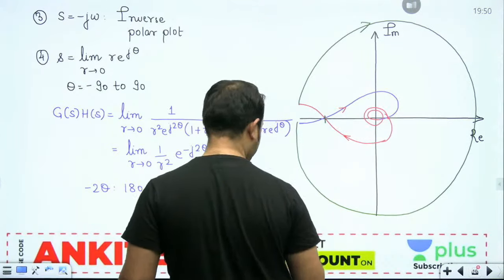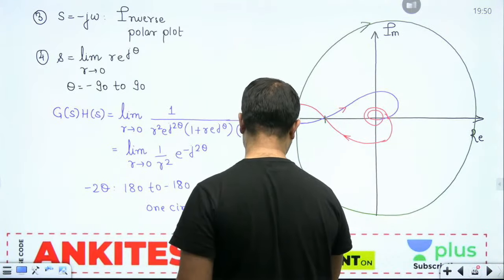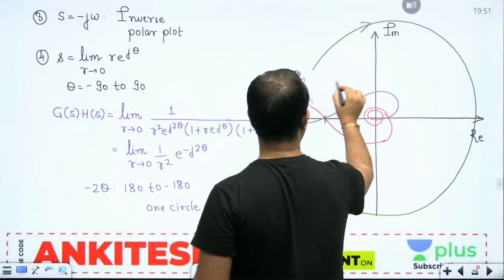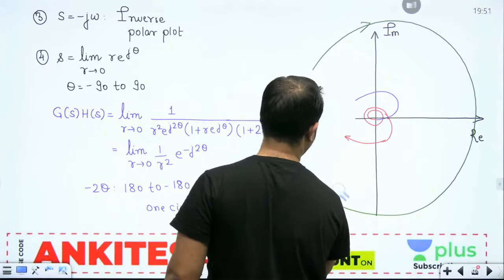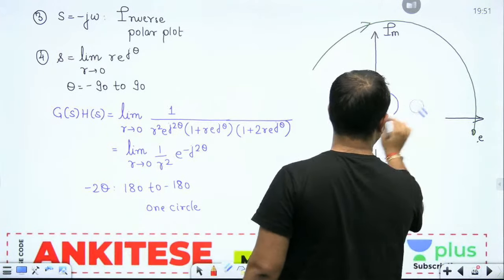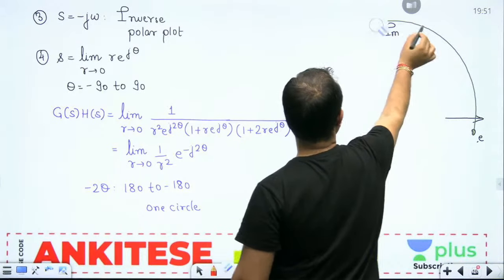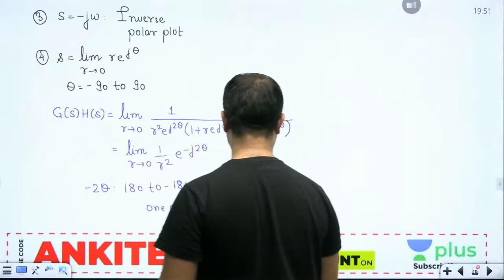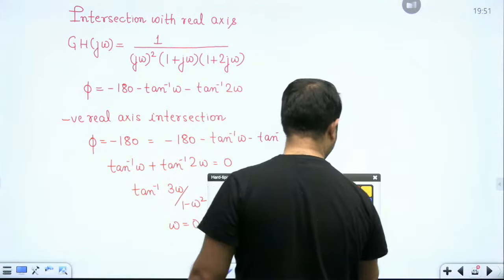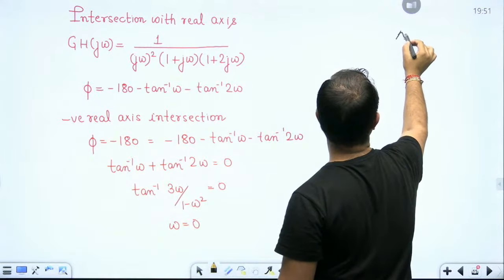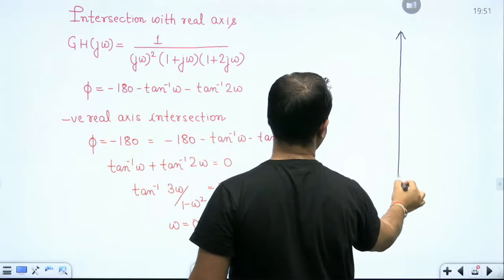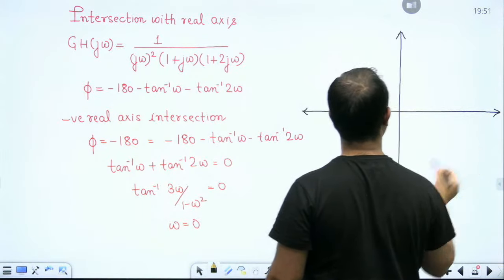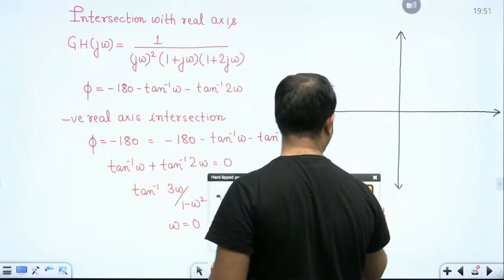So that means, my dear, let me rub this, let me draw this again. So let me draw it again. This time, here we have shown that it does not intersect the negative real axis for any value of omega.